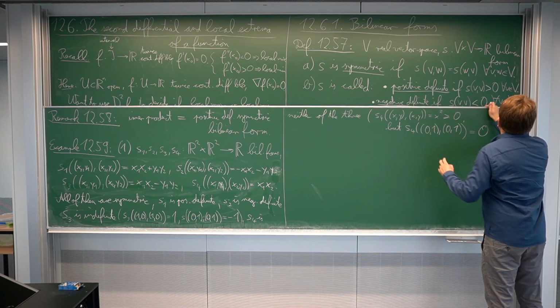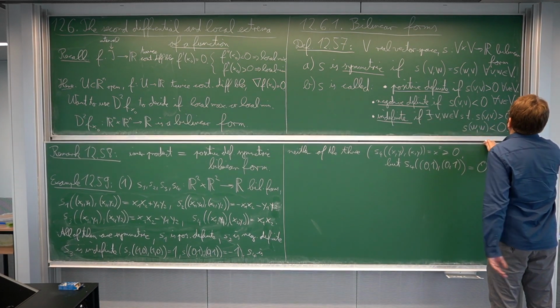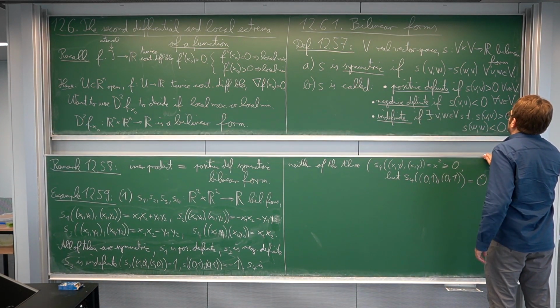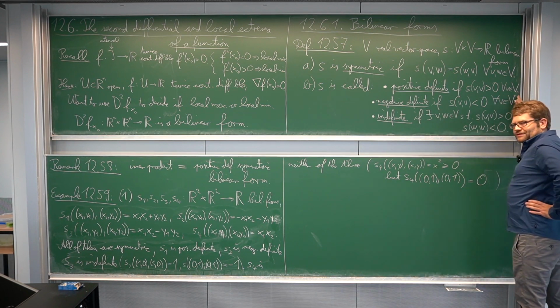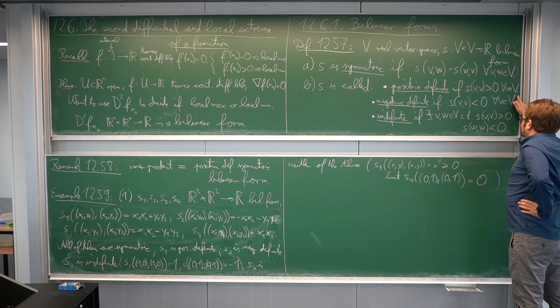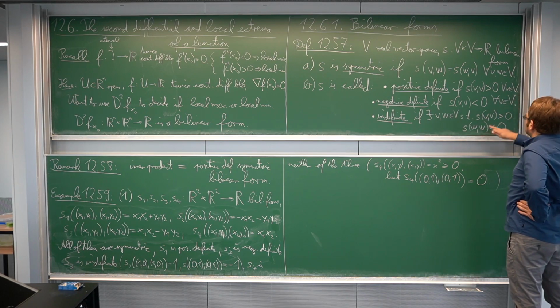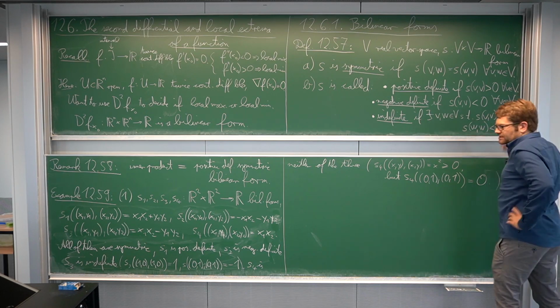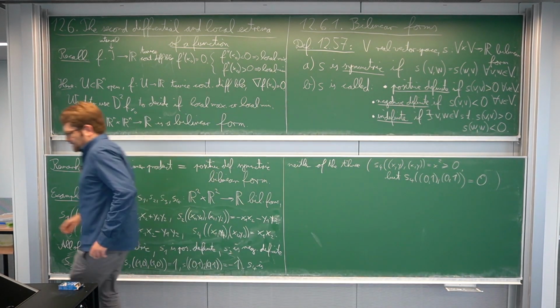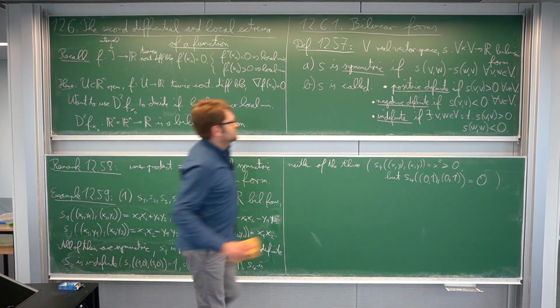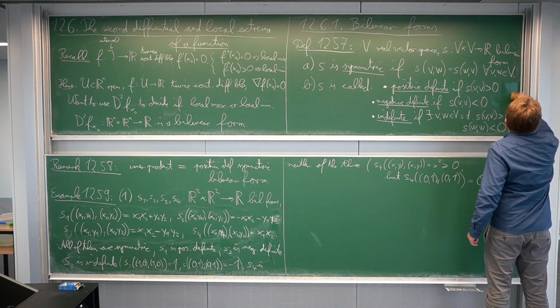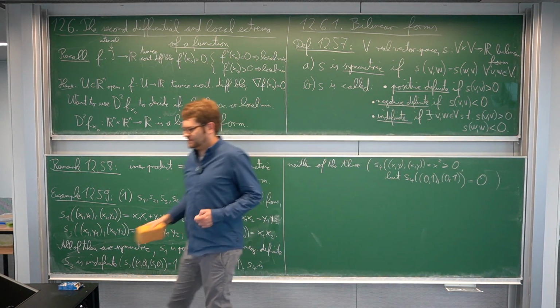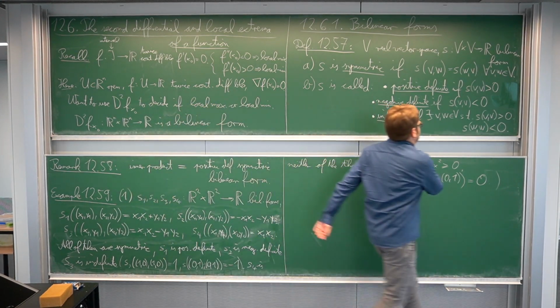So there is really a point: I made a mistake from the very beginning. I am really sorry about that. In these two assumptions, they need to hold for all non-zero vectors. This is one of these mistakes that you make when you always have the right thing in mind, but forget to write it down.